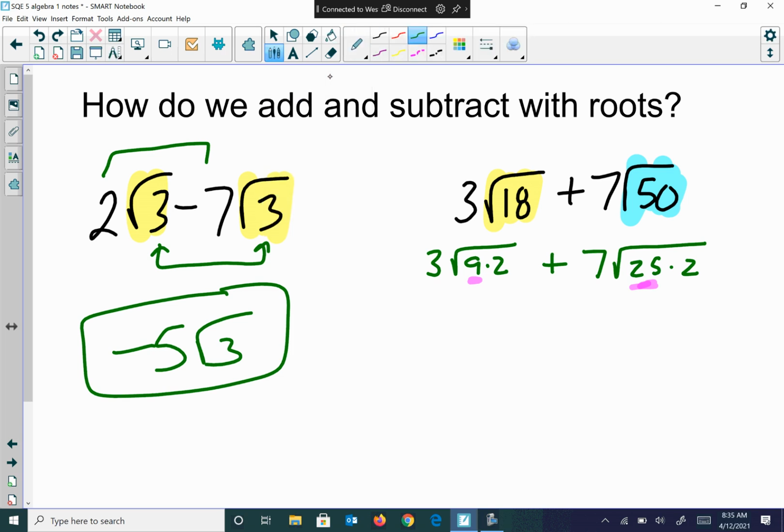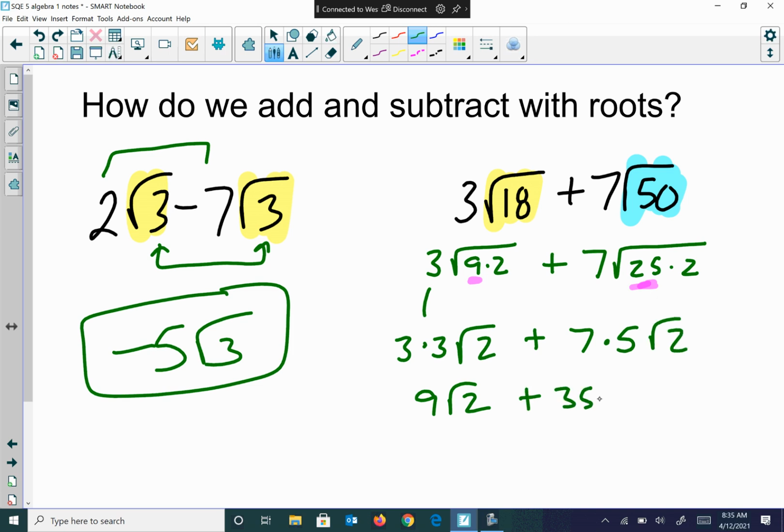Okay? So, on the first one, I have the original 3 times the square root of 9, which is 3, and then I have a square root of 2. That'll give me 9 root 2. And then the second one, I have 7 times square root of 25 is 5. And then I have a square root of 2, which gives me 35 root 2.